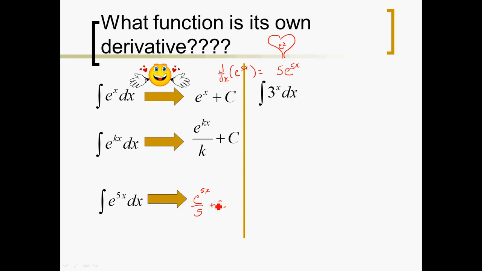Do you remember when we loved e, but we didn't love, there's my broken heart, we didn't love 3 to the x? Why? That's pretty sad. Do you remember what the derivative of 3 to the x was?